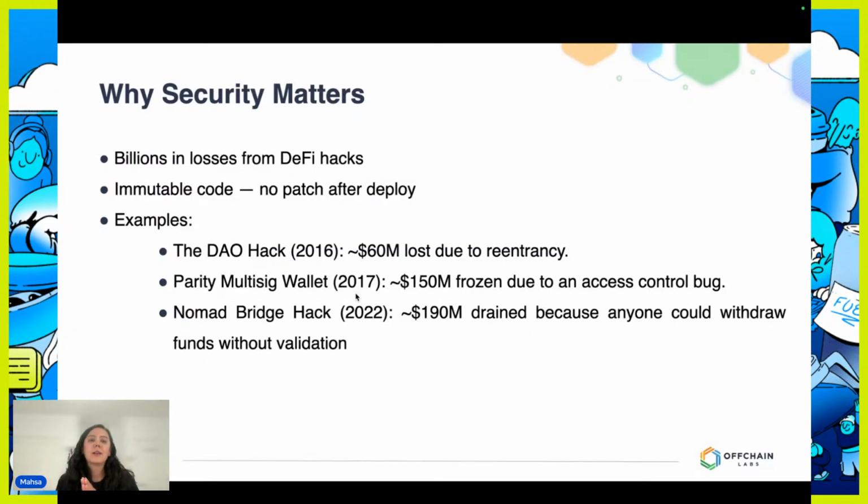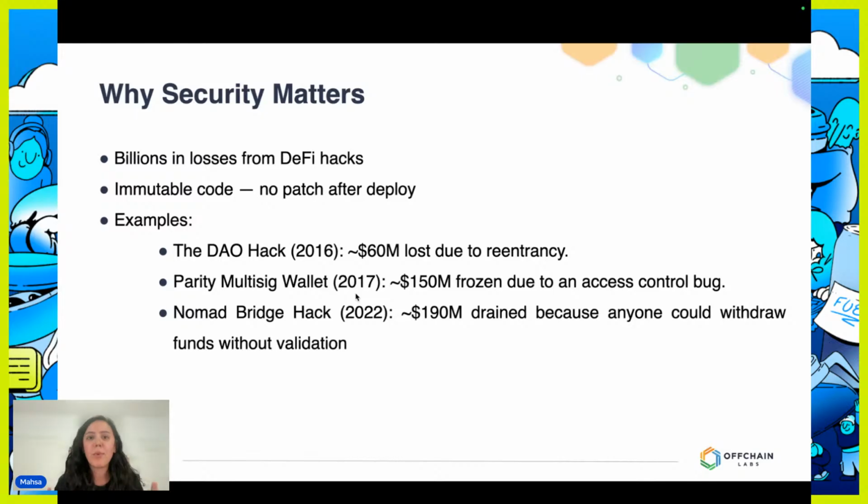Before we talk about the security vulnerabilities themselves, I want to take some time and talk about why security matters, because it is really important and it's sometimes overlooked. When you develop your smart contract, hit deploy, and put it on a public blockchain like Ethereum, you have to know that your code is immutable, meaning there's no way you can change your code after you deploy.